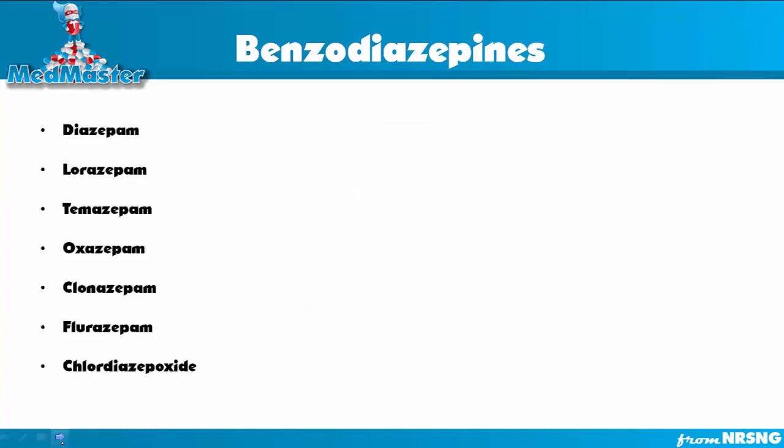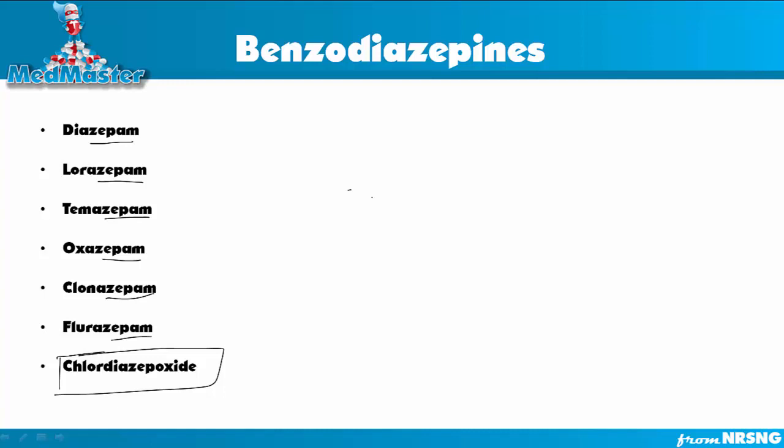Now, what are the examples of this medication? Usually, if you see anything ending in -zepam, like diazepam, lorazepam, temazepam, oxazepam, clonazepam, flurazepam. The only different one is the name chlordiazepoxide, and that's actually a really old benzodiazepine medication.